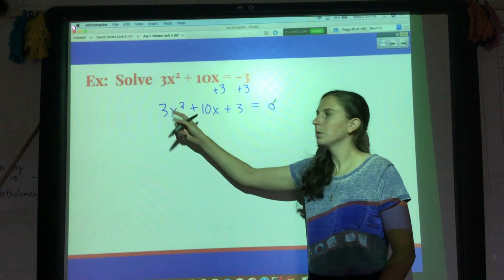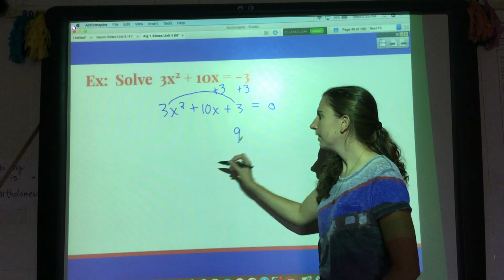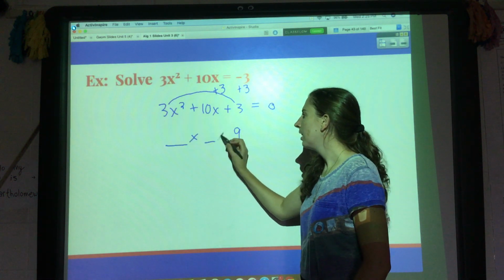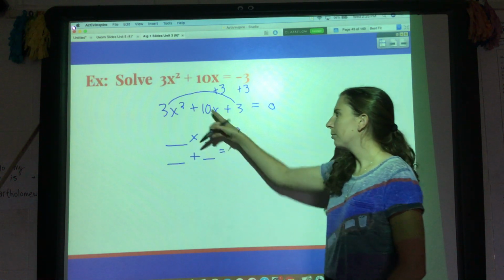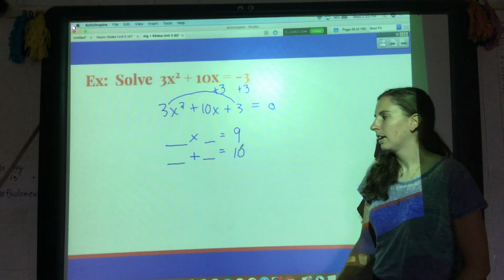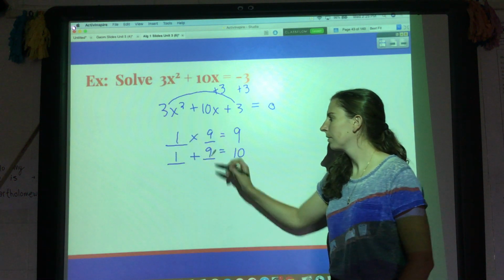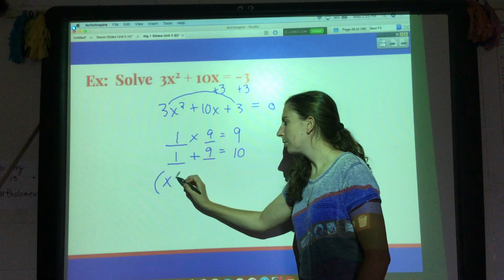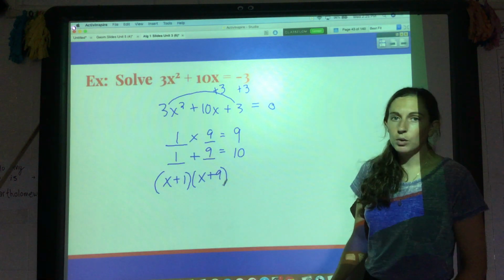It's 3 terms, so I'll do rainbow method. 3 times 3 is 9, so I want 2 numbers that multiply to give me 9 and add to give me 10. And that would be 1 and 9, or 9 and 1. So I'll fill those into my factors, 1 and 9. Except for I'm not quite done.